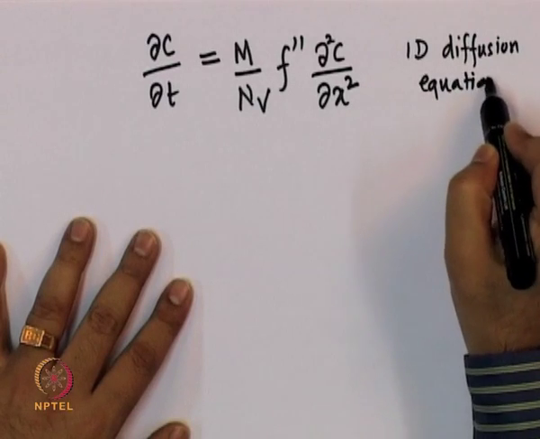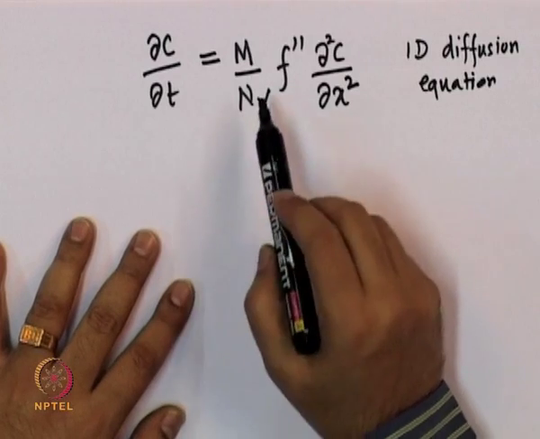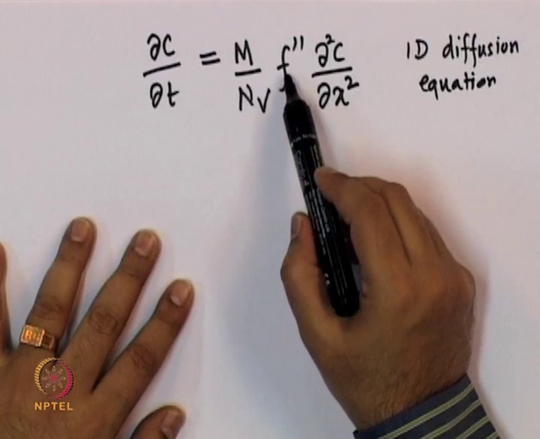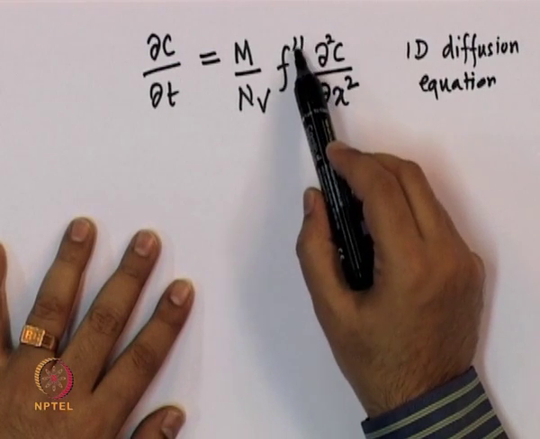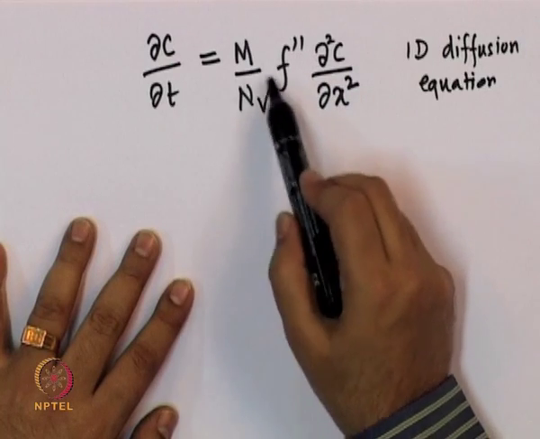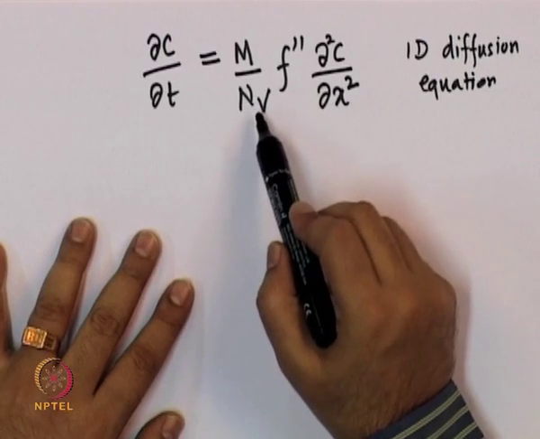The difference is that usually this quantity is called diffusivity D, but now we are writing the diffusion equation in terms of mobility and free energy per atom and its curvature, and N_v is the total number of atoms in the given volume. So, it is typically Avogadro's number.